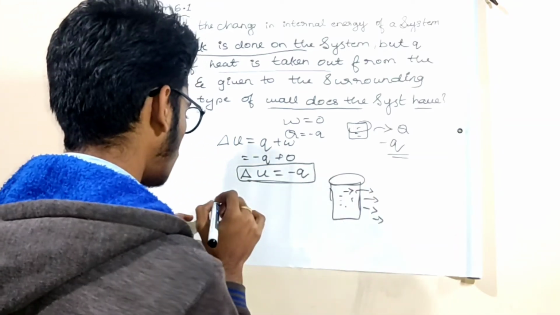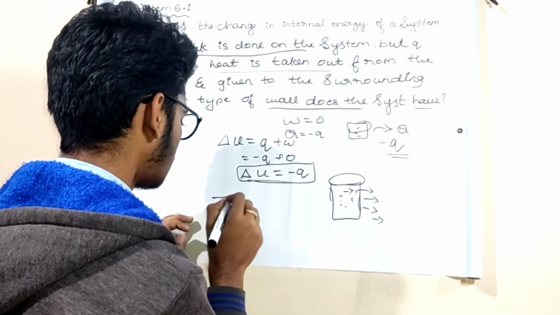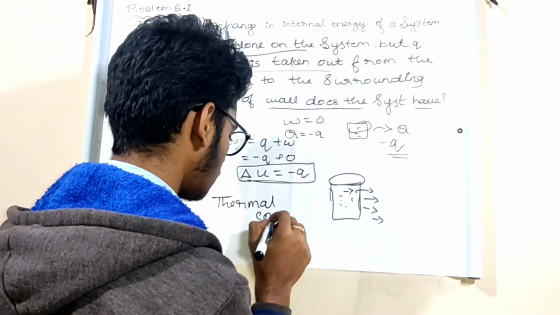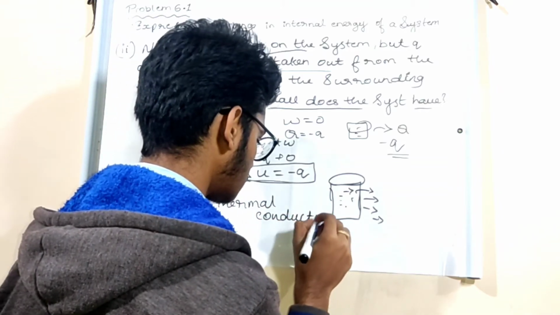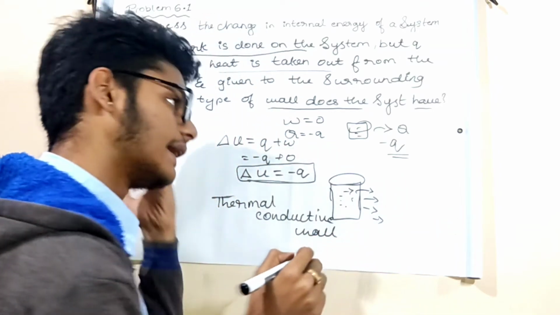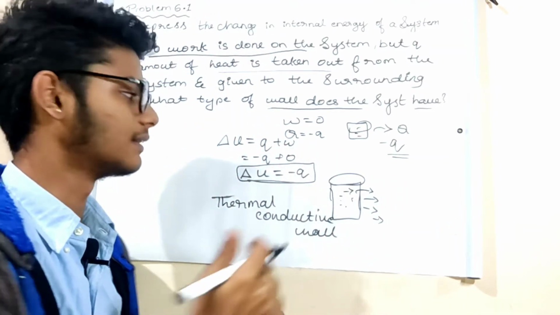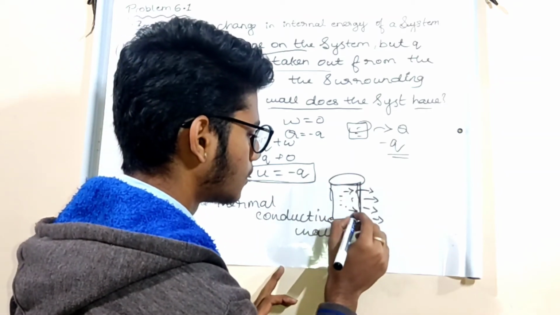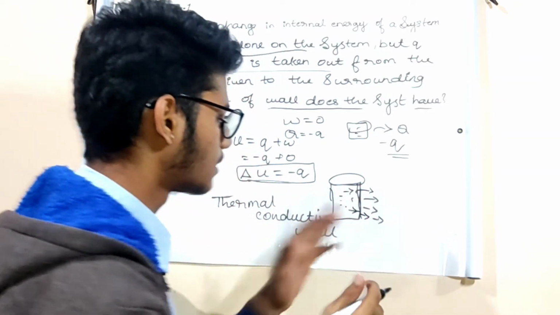So the wall is thermally conducting. It is made up of a thermal conductor, which means it will absorb the heat and send it to the surrounding.